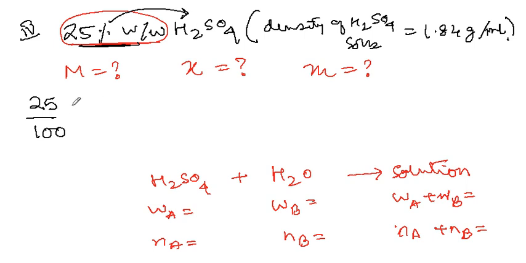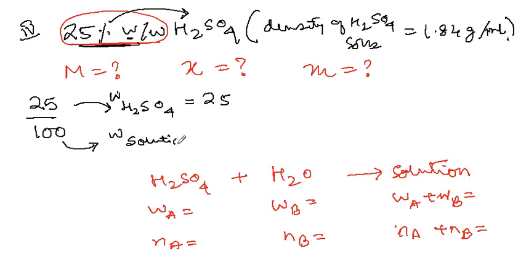That means if the amount of sulfuric acid in terms of weight is 25, the one at the denominator represents the amount of the solution in terms of mass, which is equal to 100. So 25% means 25 over 100.